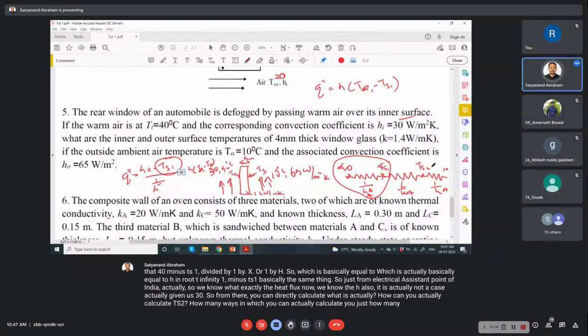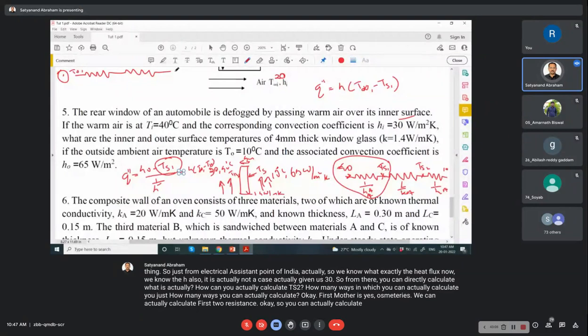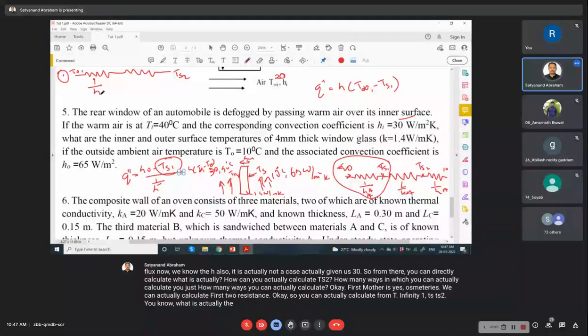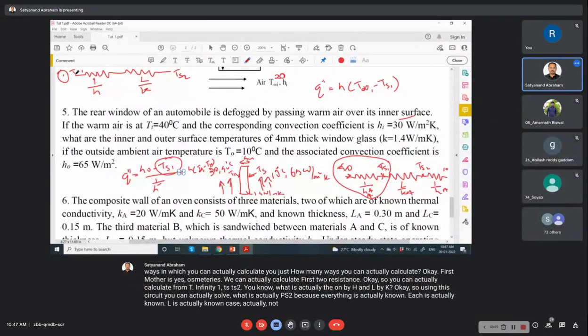The first method is to calculate the first two resistances, from T infinity 1, Ts1, Ts2. You know 1 by h and L by k. Using this circuit you can solve for Ts2 because everything is known: h, L, k, T infinity 1, and obviously Q is also known.